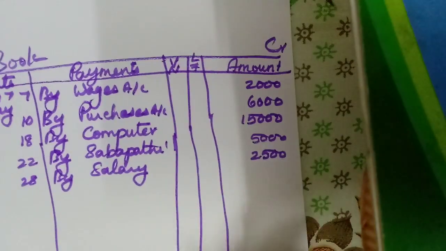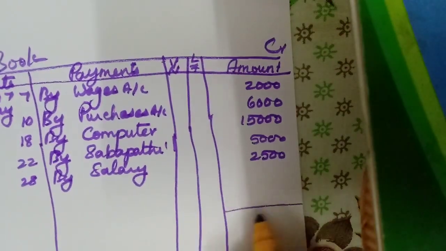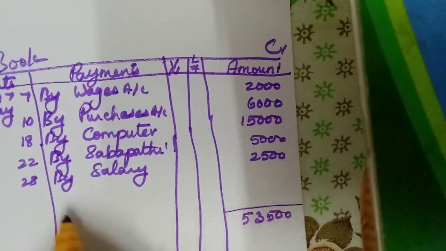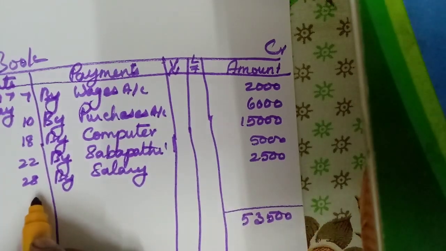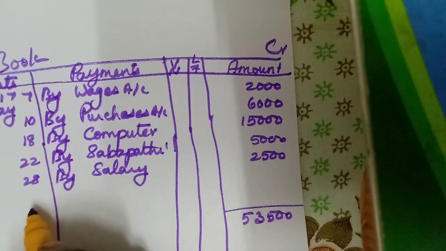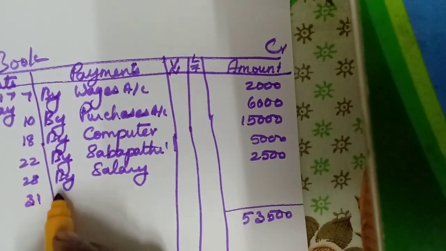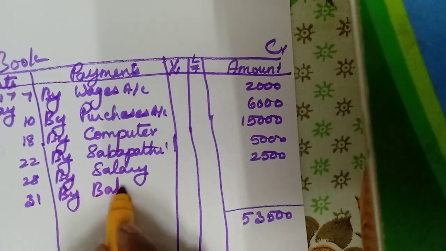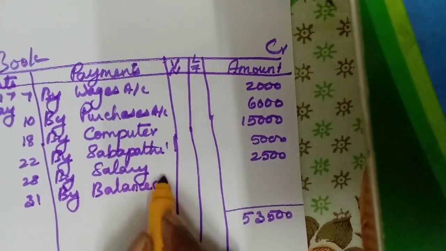That one we have to write here also, 53,500. Now last date May 31, by balance carried down.